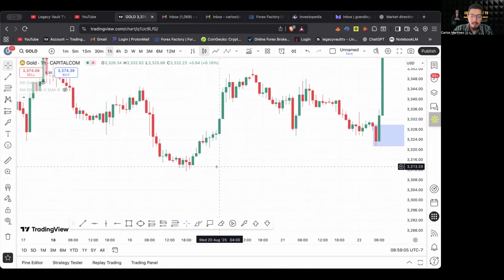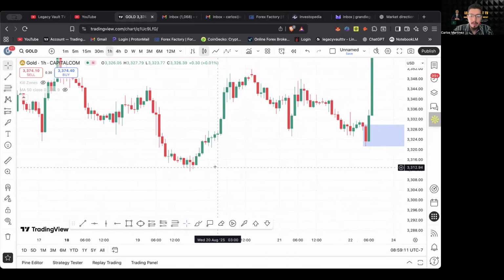But this could, however, be considered a support. You can draw a support line here because it's a specific price. Now, when it comes down to support and resistance, a support is a specific price level where buying interest historically prevents price from falling lower.